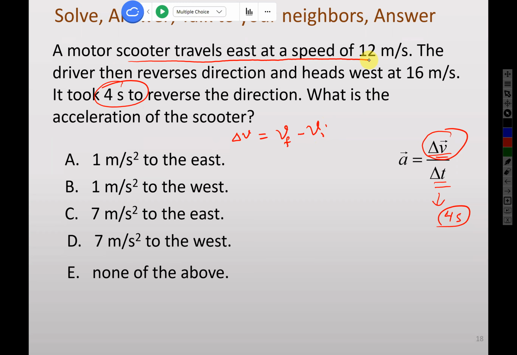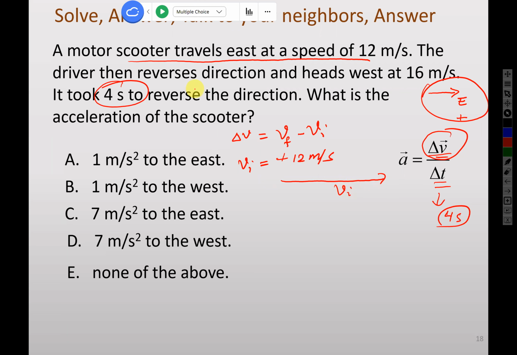Let's say east is positive. So that means VI is 12 meters per second, and it is positive. If I were to draw it, since my east is this way, I can draw VI like this. So this is my VI.